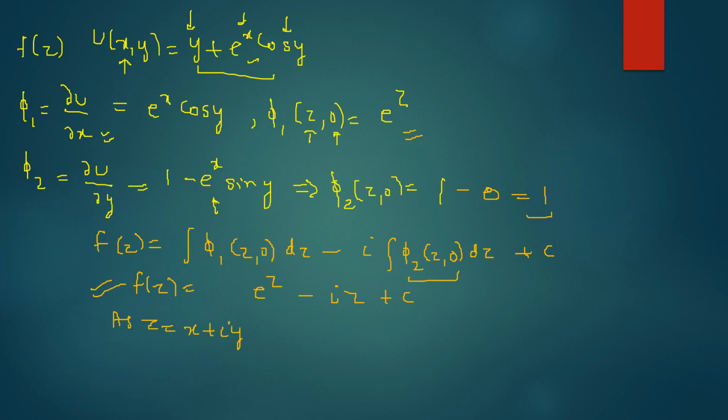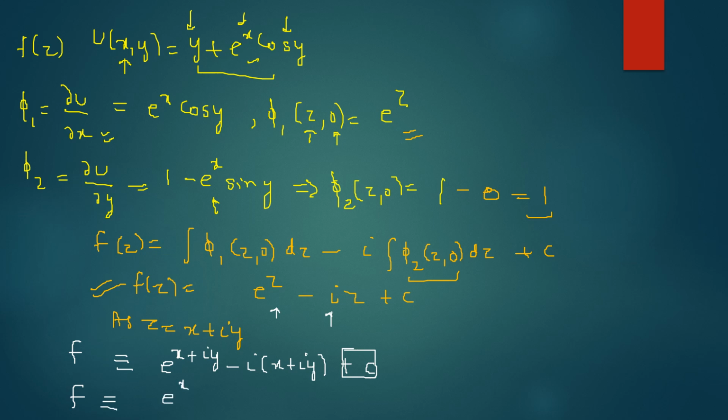The function will become e raised to power x plus iota y, minus iota times x plus iota y, plus c, correct? Because I am substituting fixed values, just forget about c at the moment. It will be equivalent to e raised to power x into e raised to power iota y, minus iota x, minus iota square y. I simply expanded it, correct?